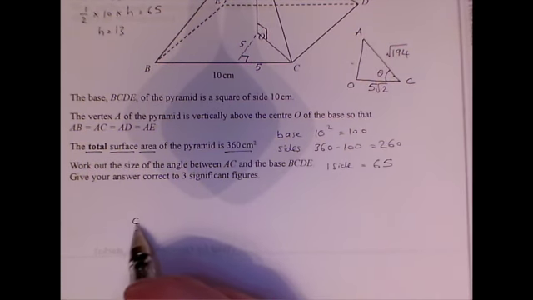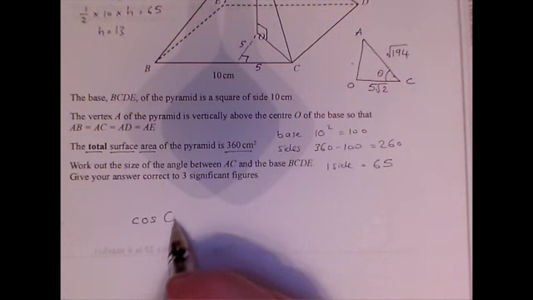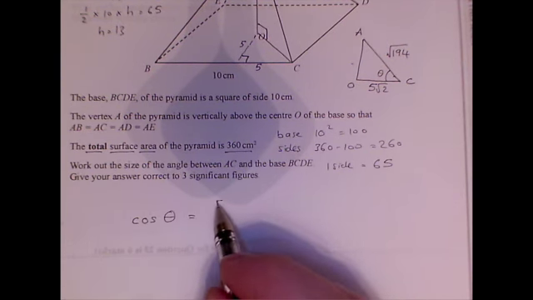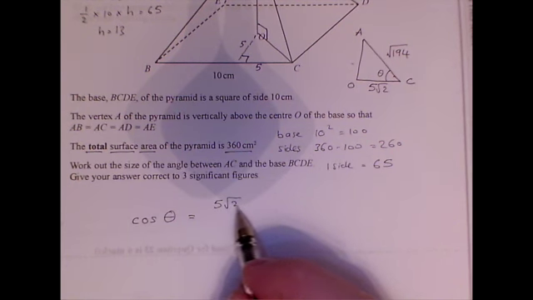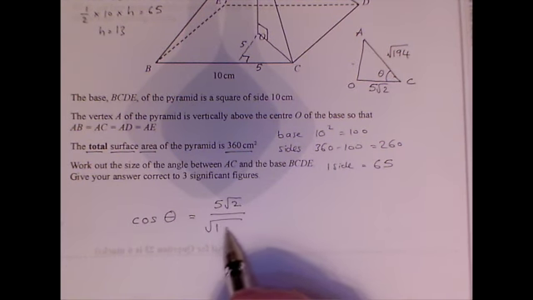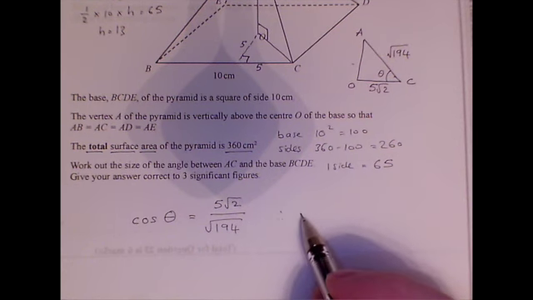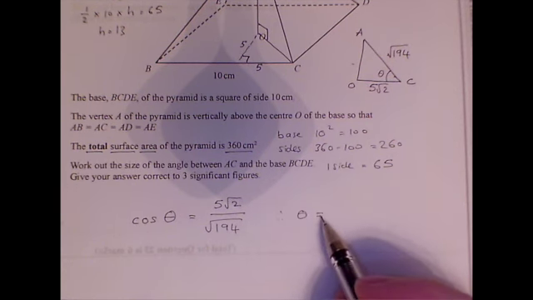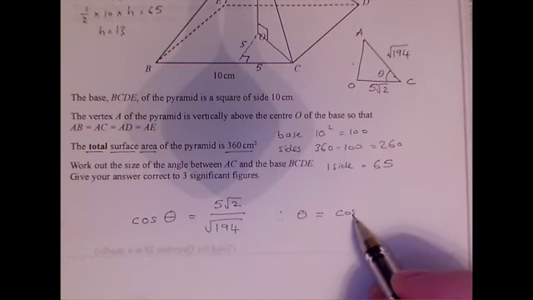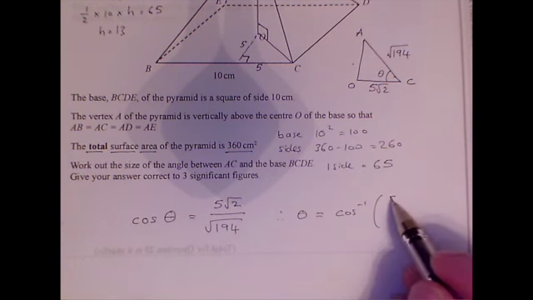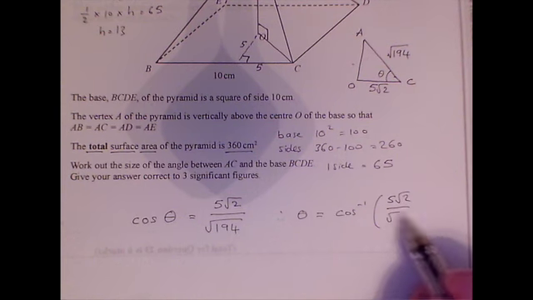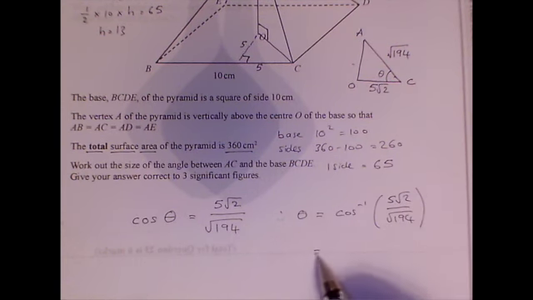So let's write down what I know: the cosine of the angle will equal 5 root 2 divided by root 194, and of course to get rid of that cosine, just to find theta by itself, needs an inverse cosine, so theta is going to be equal to the inverse cosine of 5 root 2 all over root 194. Okay, so if we do that, that should be the answer to our question.